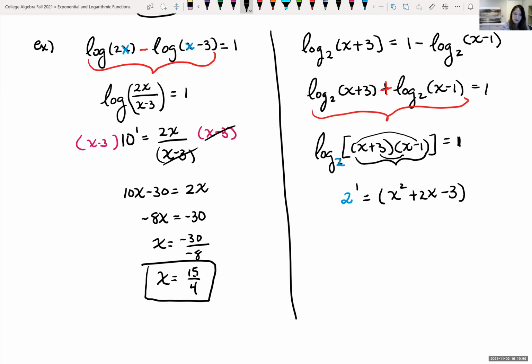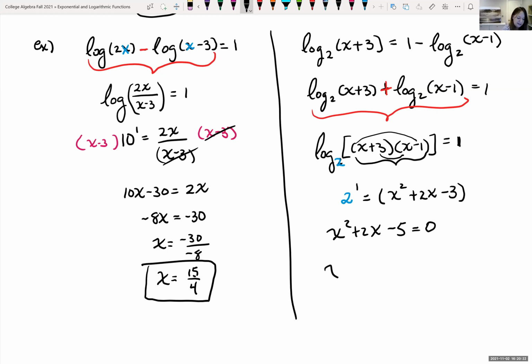So notice that we have a quadratic. We can get everything to one side of the equation and solve. So let's subtract 2 on both sides. We get x squared plus 2x minus 5 equals 0. So unfortunately, this doesn't factor. So let's use our quadratic formula.